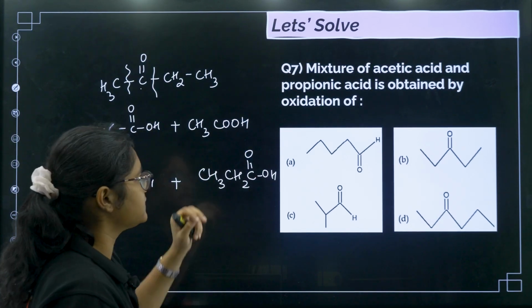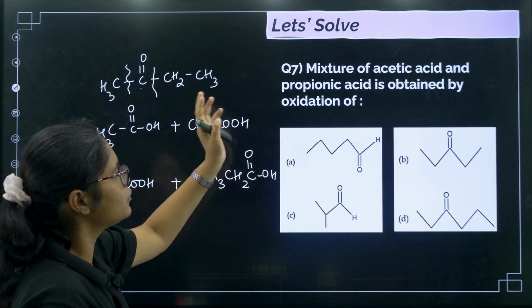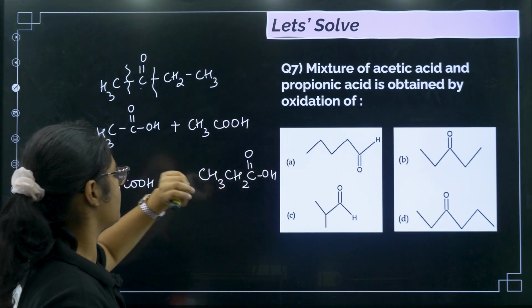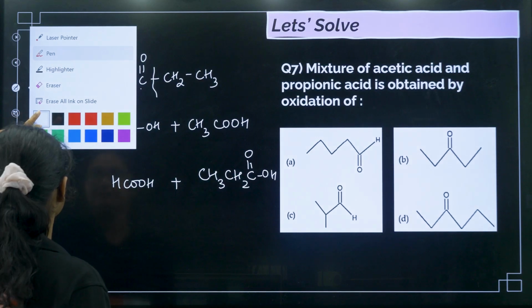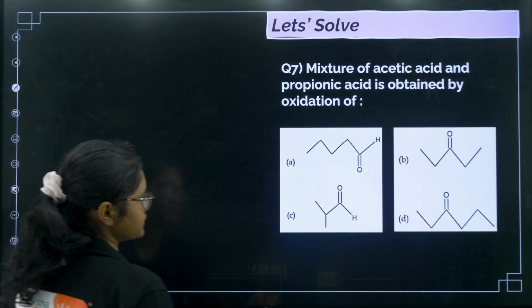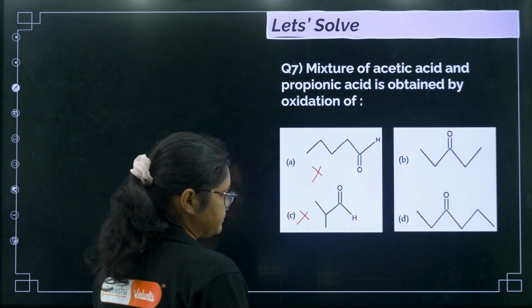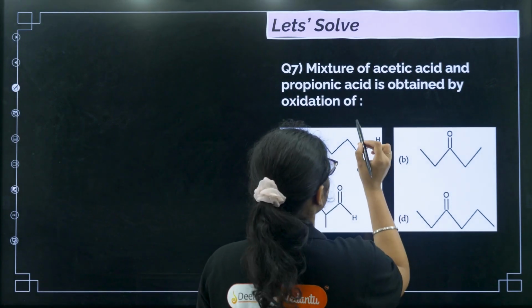Now the question is asking which of the following ketones, on breaking, will give you both acetic acid and propanoic acid. Definitely aldehydes will not give you such compounds, so we can remove the aldehyde options. This one we can eliminate, this one we can eliminate. Now we need propanoic acid.